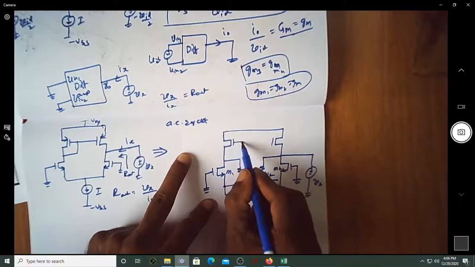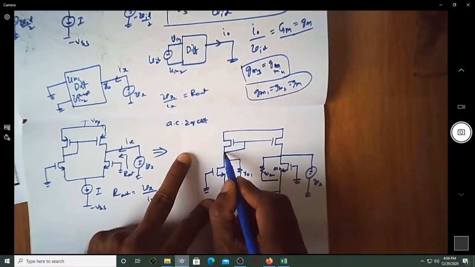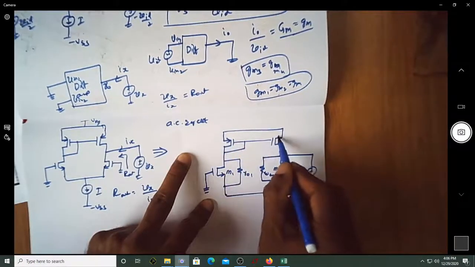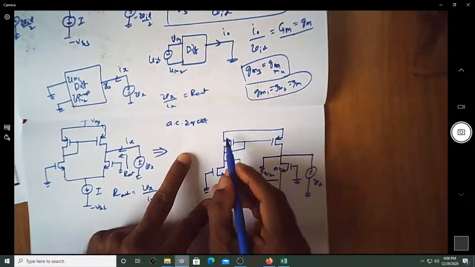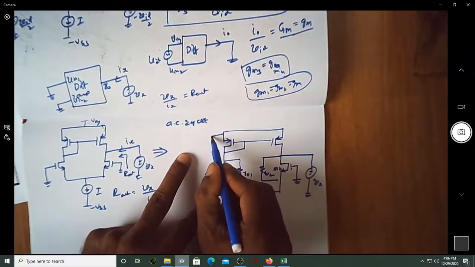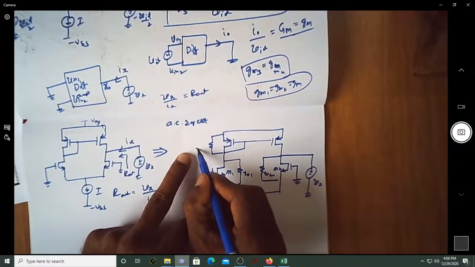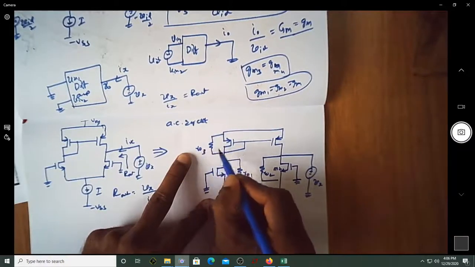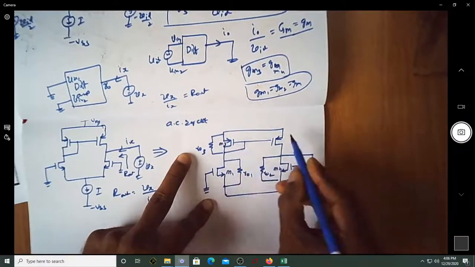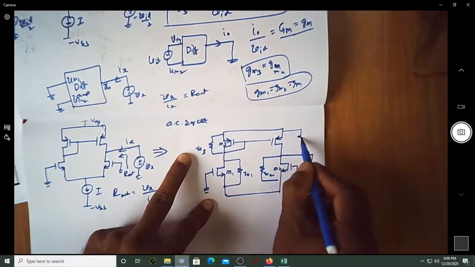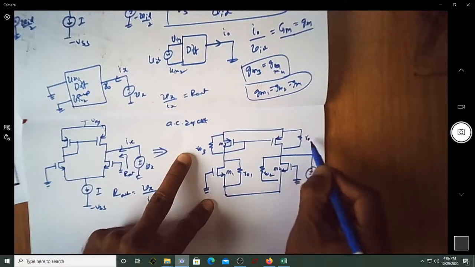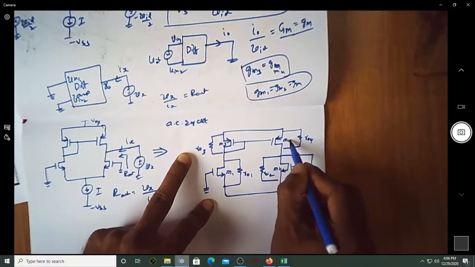I will have a current mirror, this is PMOS, this is also PMOS, and I will have a resistor R03 because this is M3, and another resistor R04, this is M4.